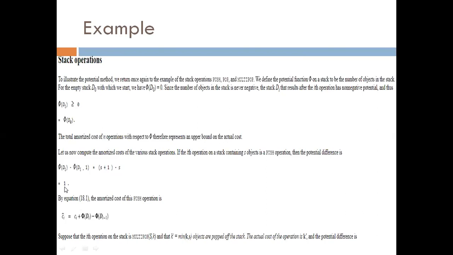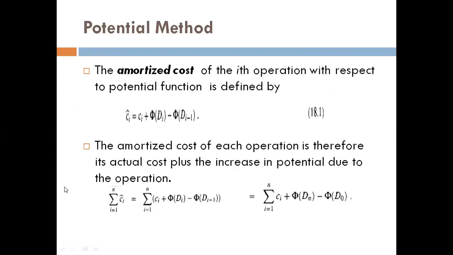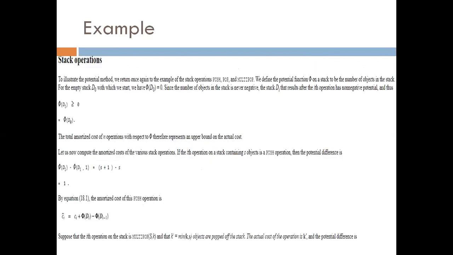So with this formula, to find the amortized cost of the push function, the actual cost is 1 and the potential difference is 1, that is 1 plus 1, so the amortized cost is 2. We already saw this in the accounting method, where we assigned amortized cost 2 for the push operation. So by this equation, the amortized cost of push is 2.